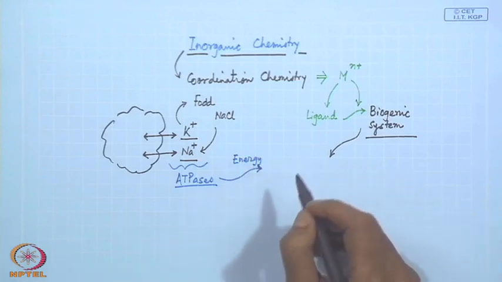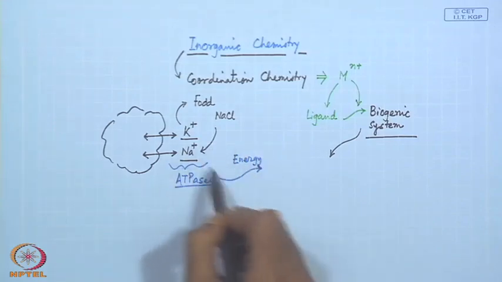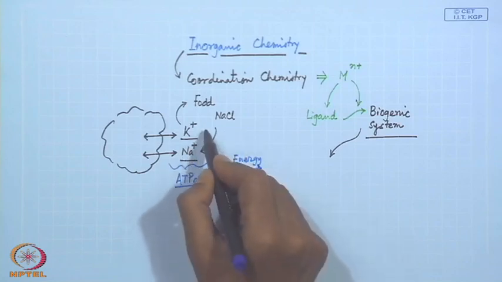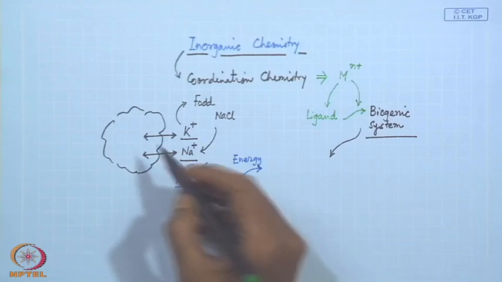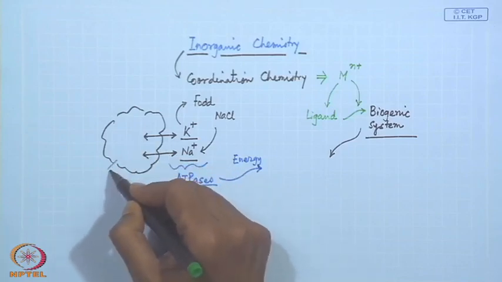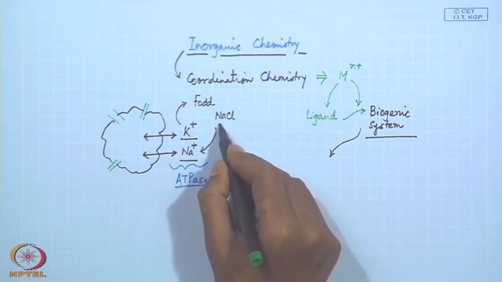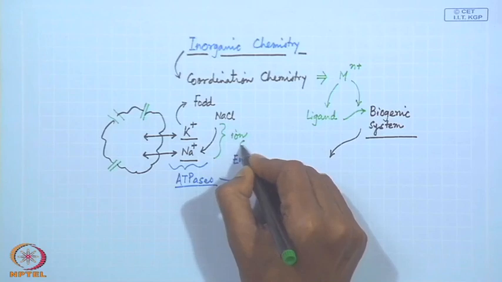So, energy is generated with the use of these ATPases, and some of these ATPases can function only with the potassium and the sodium ion. And these potassium and sodium ions are important because through this passage we can have some channels, and they basically play an important role in ion channels.